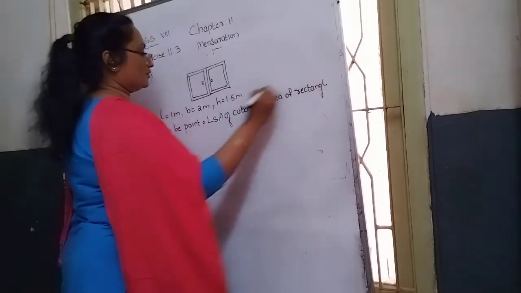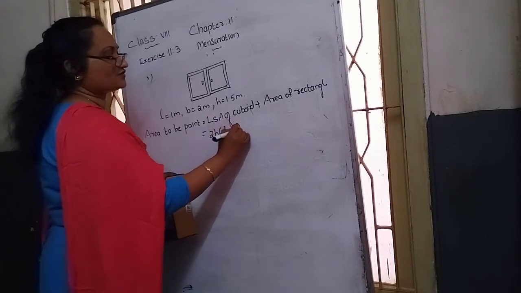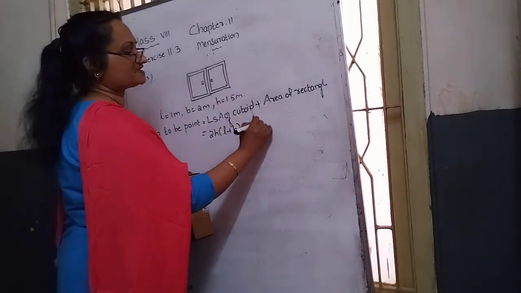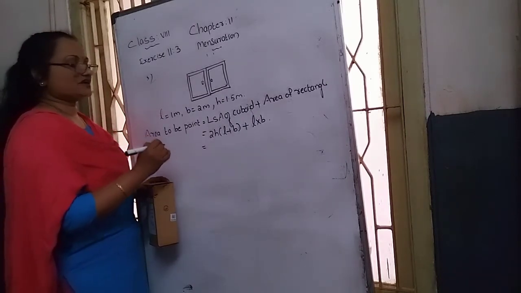The cuboid LSA formula is 2h(L+B), plus the area of a rectangle, L into B, the formula for the area of a rectangle.